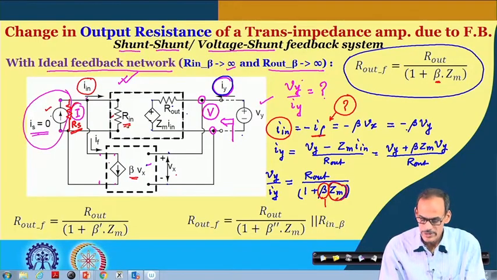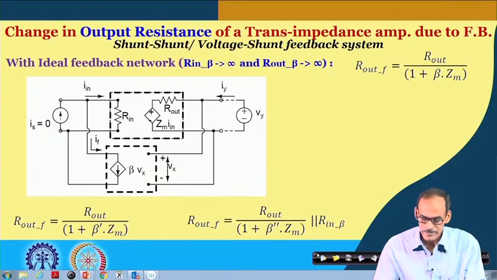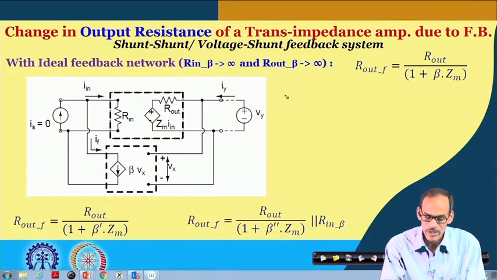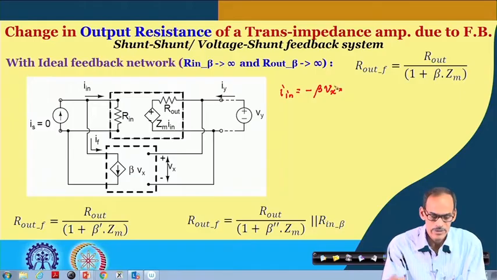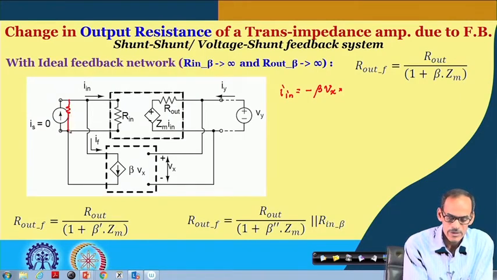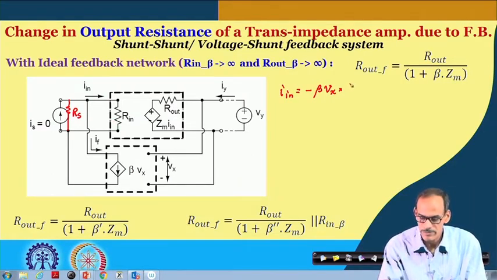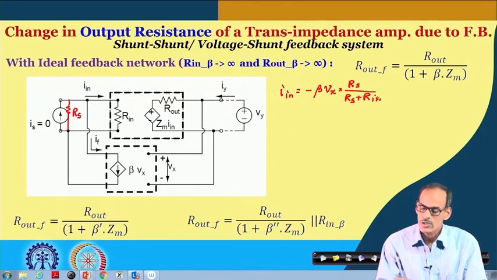So, to write that, let me again clear the board. We can say that I in equals minus I f, so minus beta into V x multiplied by R s divided by R s plus R in, that we know from network theory, if I have a finite resistance R s.